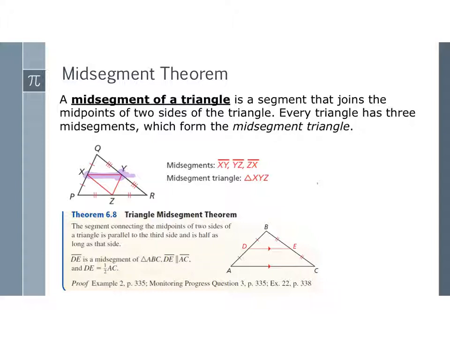And if Y and Z are midpoints, then YZ is a midsegment. And if X and Z are midpoints, then XZ is a midsegment. Together, all of these midsegments create what we like to call a midsegment triangle.